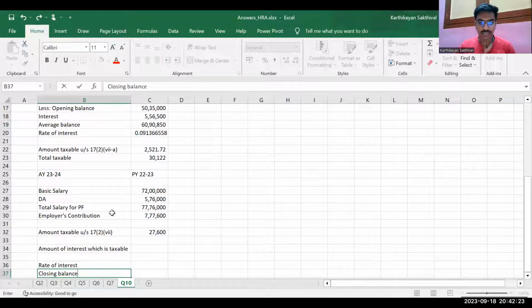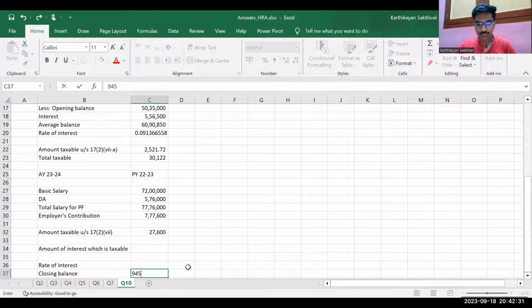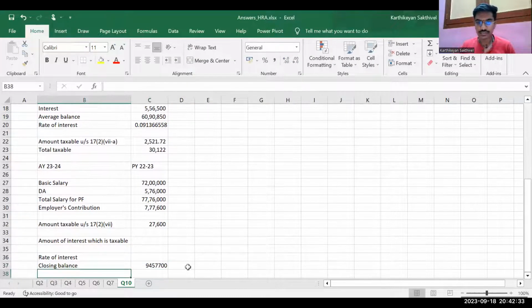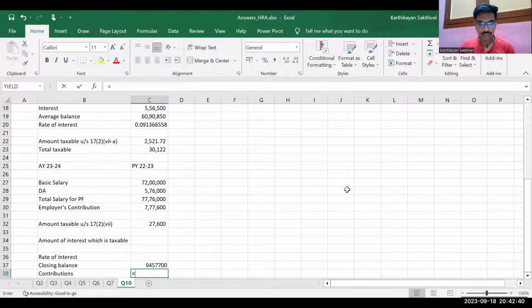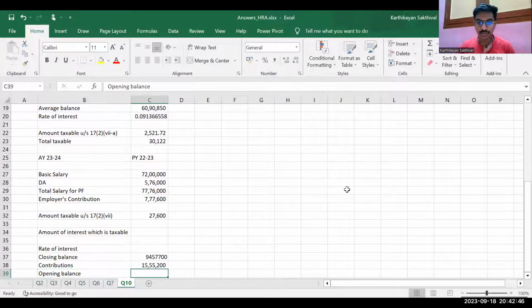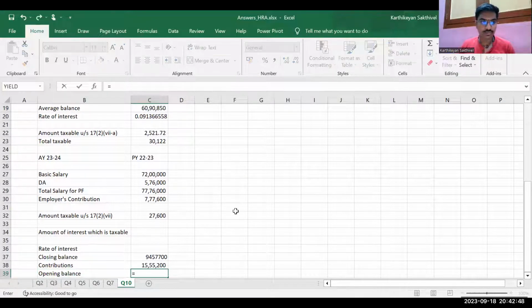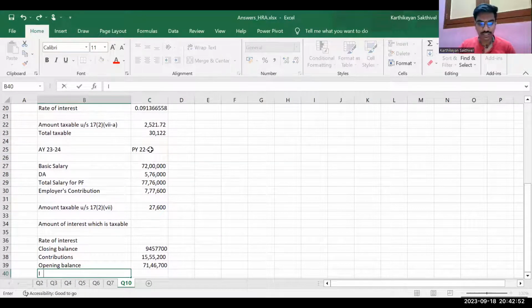What is my closing balance? 94,57,700. Correct? Is it right? 94,57,700 minus contributions. Contribution is 7,77,000 into 2. That is my contributions. Opening balance is this amount, 71,46,700.